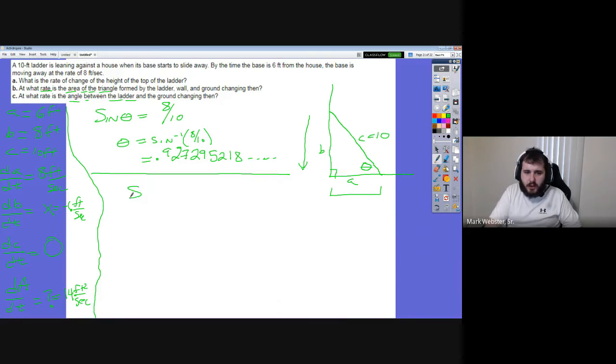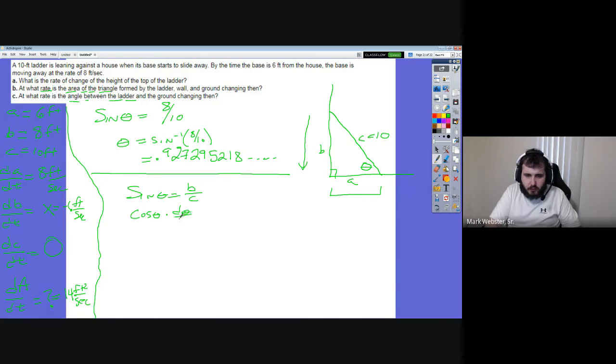So now let's, using our equation, sine of theta equals b over c. Can I do that? Yeah, I think I can do that. We're gonna take the derivative implicitly. So derivative of sine is cosine times d theta dt.